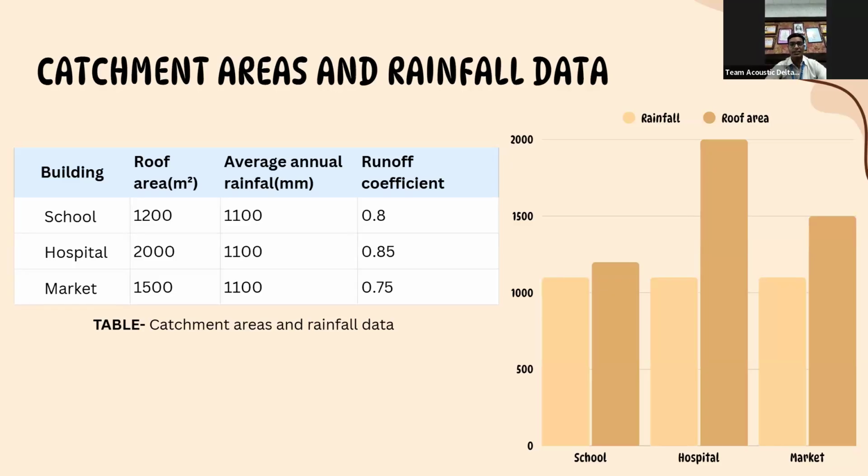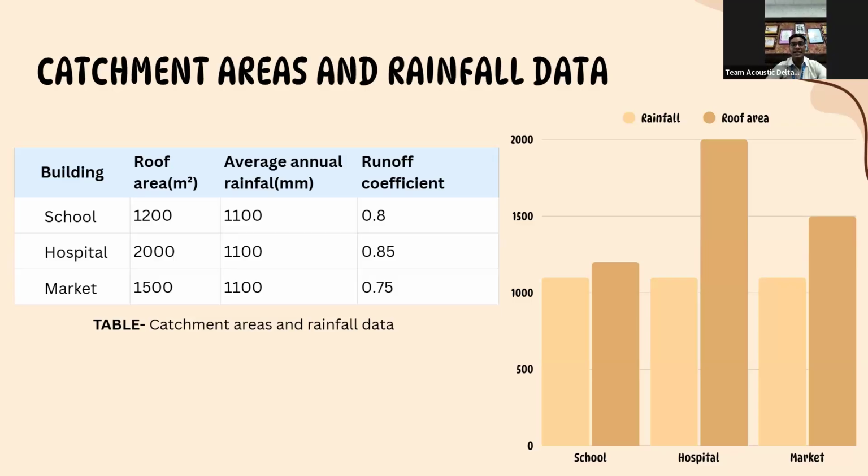The runoff coefficient is a dimensionless value used to determine the amount of rainfall that is going to be harvested, because runoff not only contains water, it also contains some soil particles and rocks. For school we have 0.8 as the runoff coefficient.